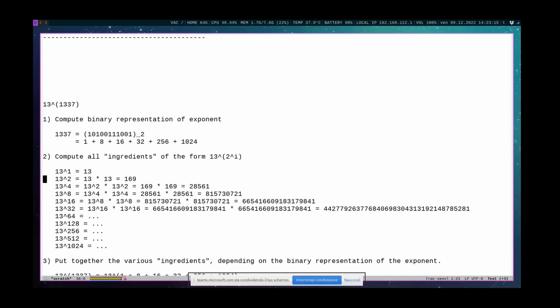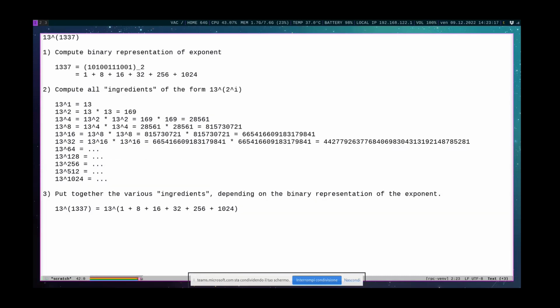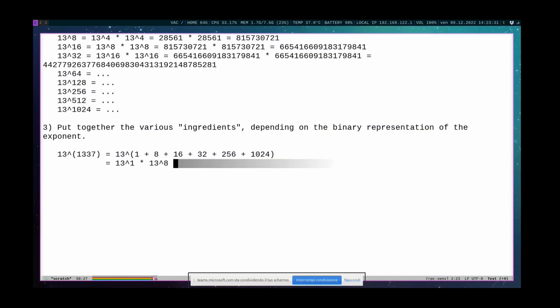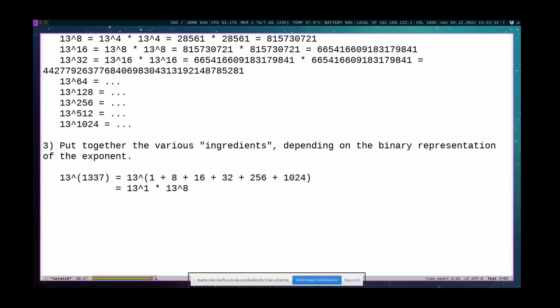This is the main idea. Why do we write the binary representation of the exponent? So that we can rewrite the exponentiation and then use the property of powers. This is 13 times 13 to the 8 times 13 to the 16, here I put some parentheses, times 13 to the 32 times 13 to the 256 times 13 to the 1024.